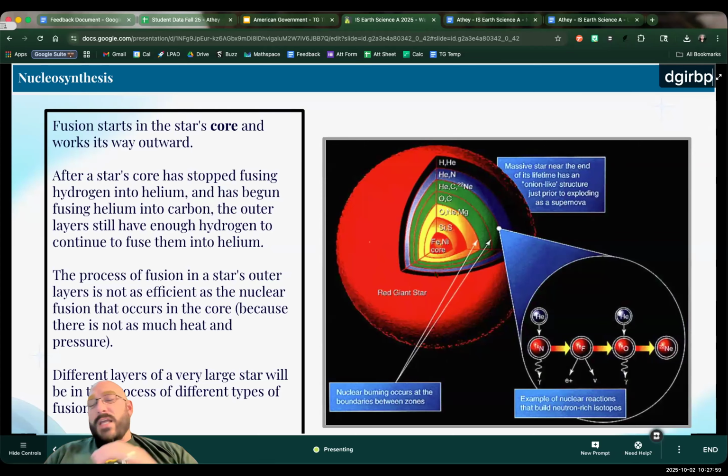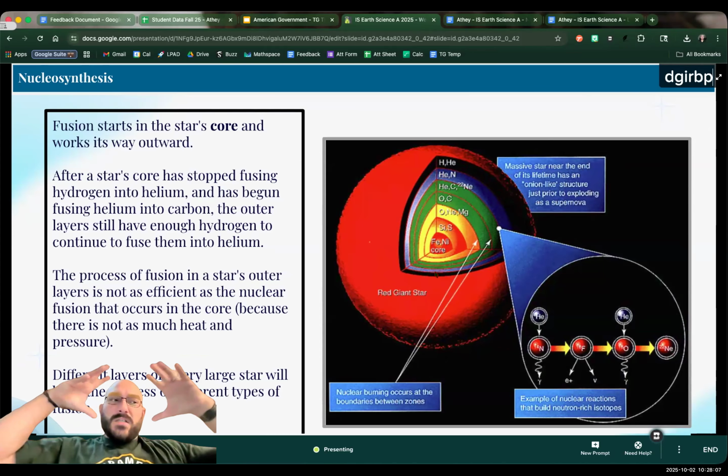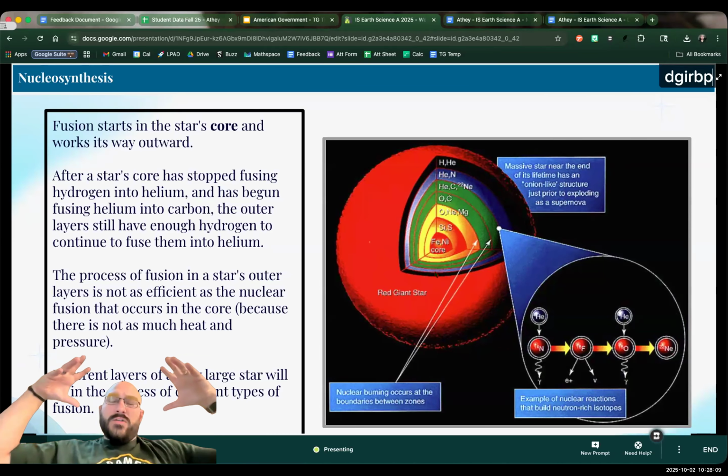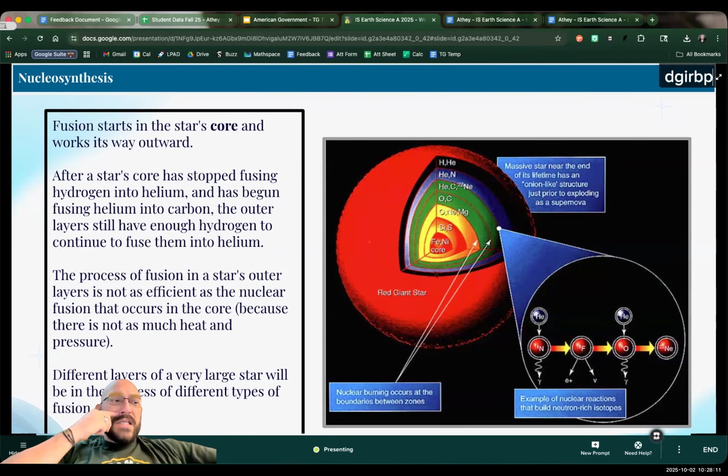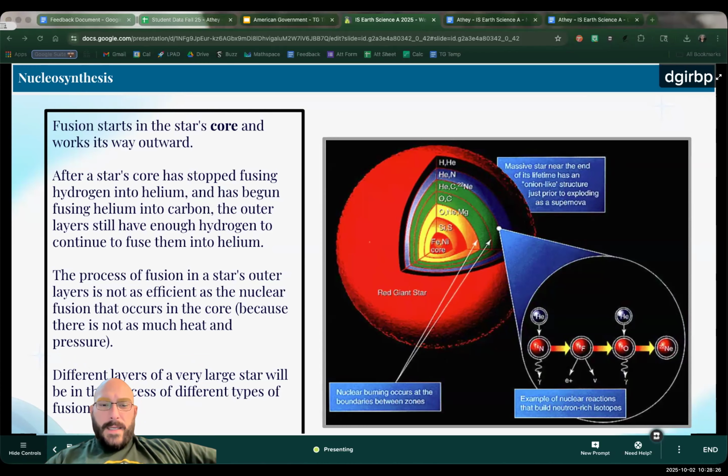It'll keep doing that until it runs out. But as it does that, some of those elements are going to push outwards a little bit. So it's going to have smaller elements in layers like you see there. And so you're going to see a succession of smaller and smaller elements being fused together as you move towards the outside of a star. Okay.